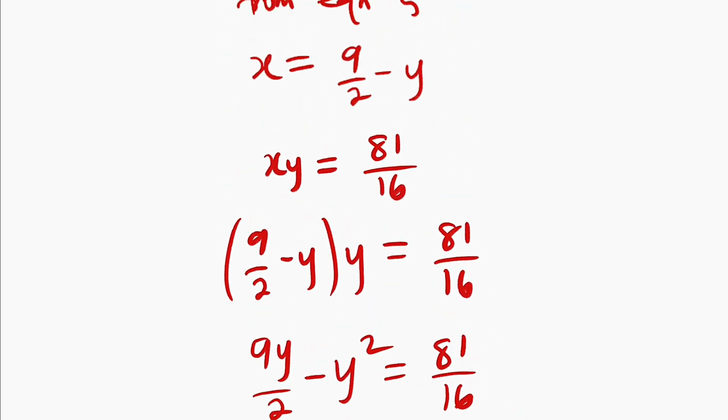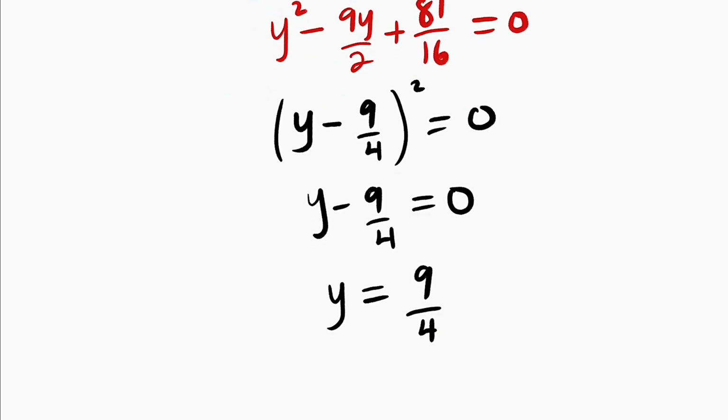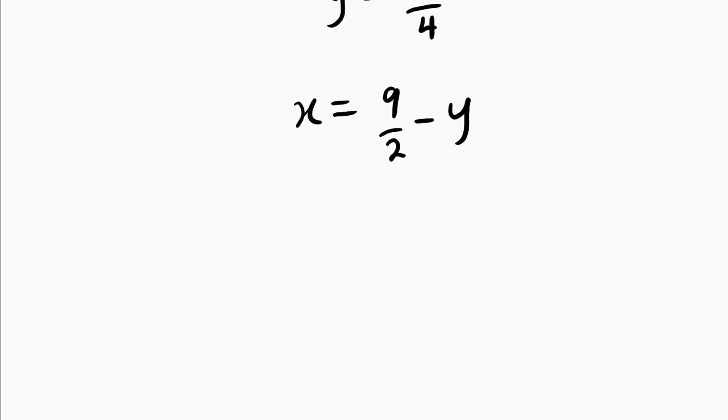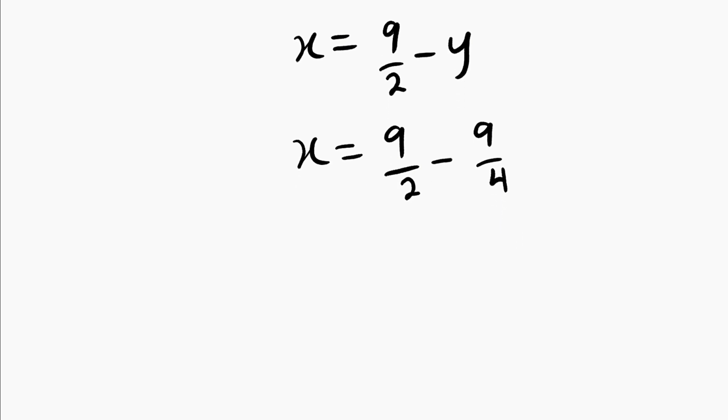And where is x? You can see x from this equation, it is 9 over 2 minus y. x equals 9 over 2 minus y. But y is 9 over 4. So x equals 9 over 2 minus 9 over 4. We can make the denominators the same by multiplying this side by 2 and 2.